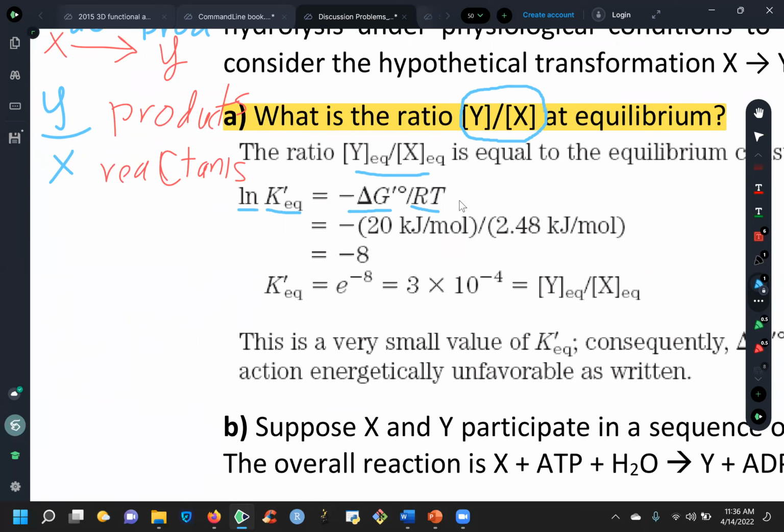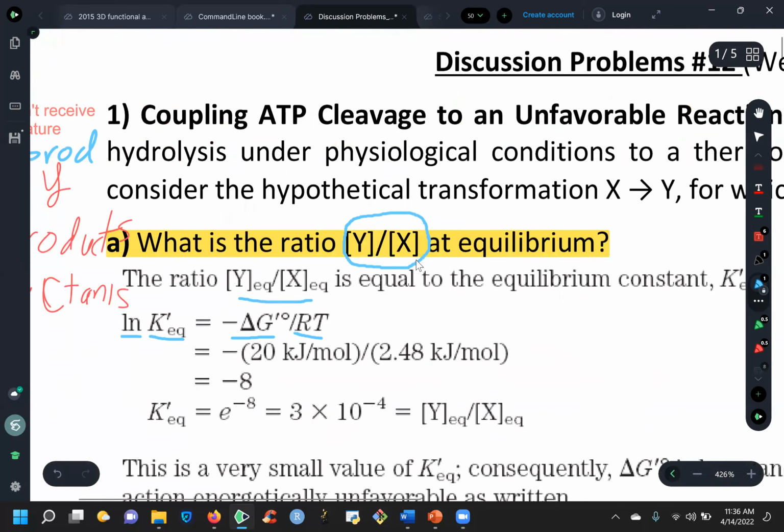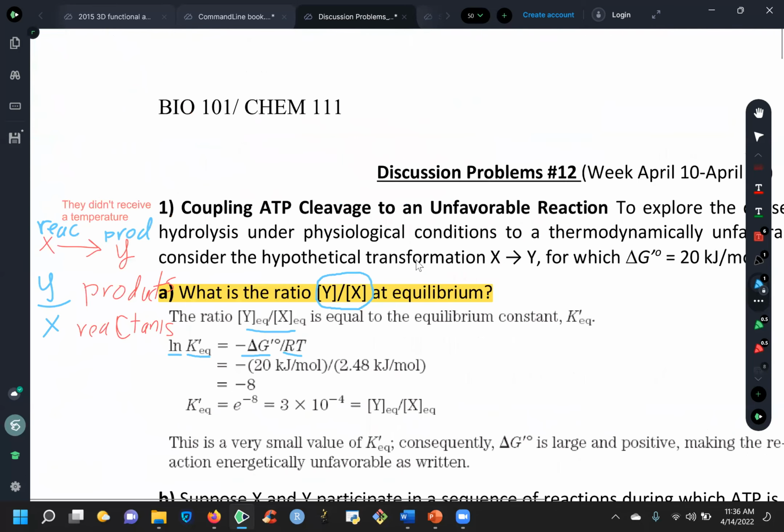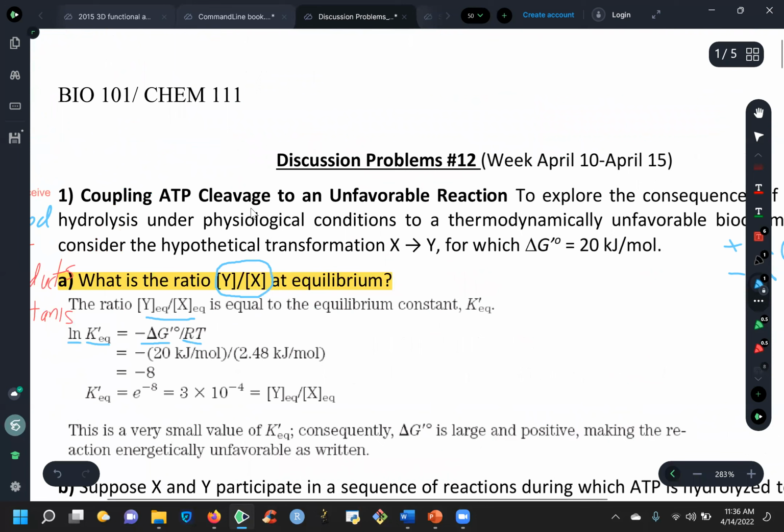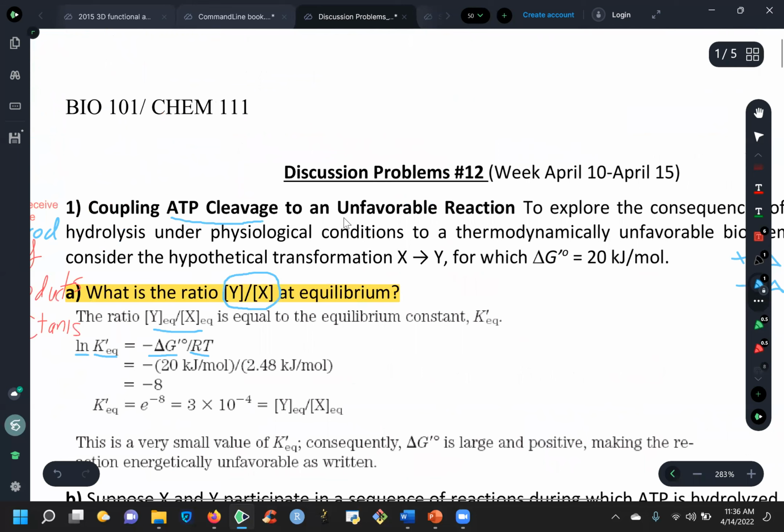Okay, so here, they're saying coupling. So this is what a potential question could look like on your exam. Coupling ATP cleavage, that's just when we broke that phosphate bond. So ATP cleavage to an unfavorable reaction. We know that this whole ATP cleavage was the favorable reaction.